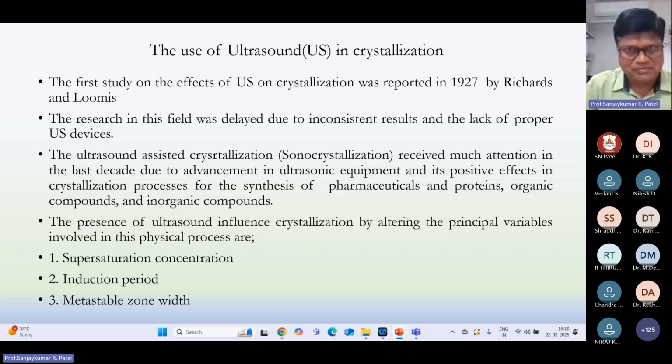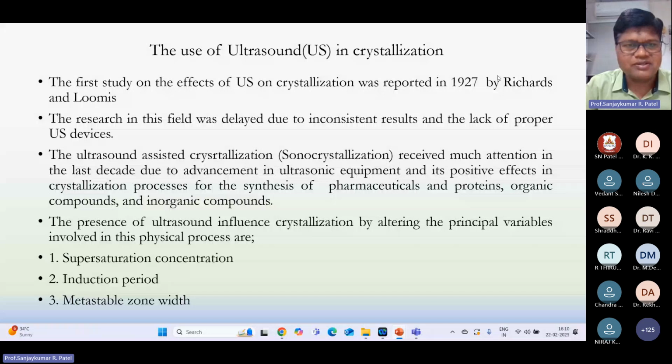Later, when sound technology became well controlled, the devices that were manufactured gave uniform sound wave generation, and then the use of ultrasound in crystallization became prominent.